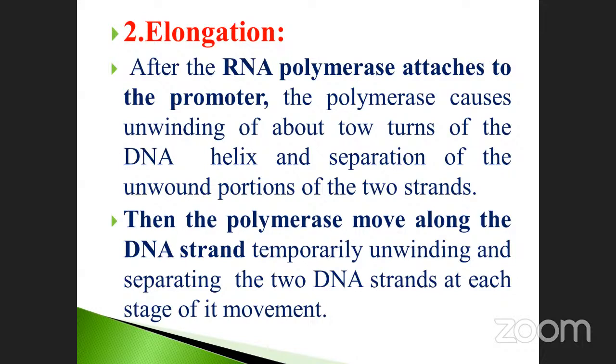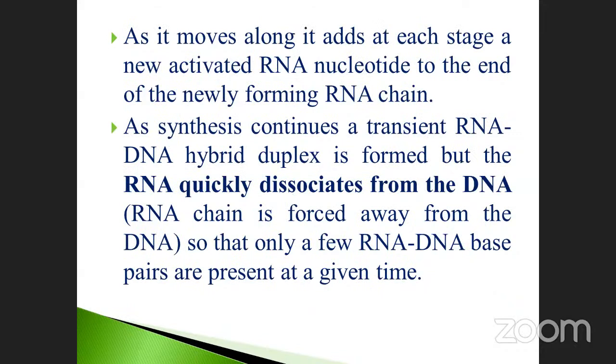In the last class, we already discussed transcription. The transcription process has three main events: initiation, elongation, and third one is termination. Each process has its requirements for how RNA is synthesized from DNA.